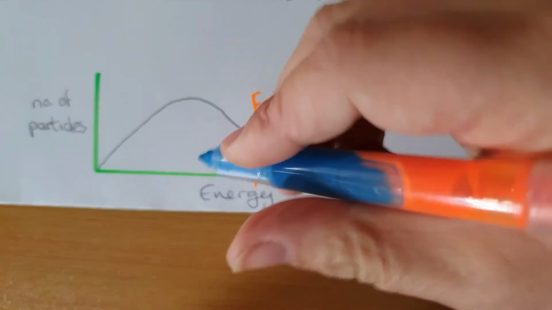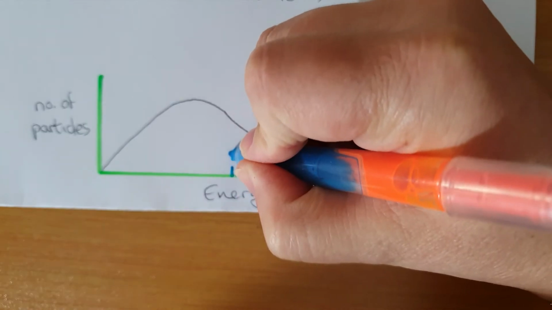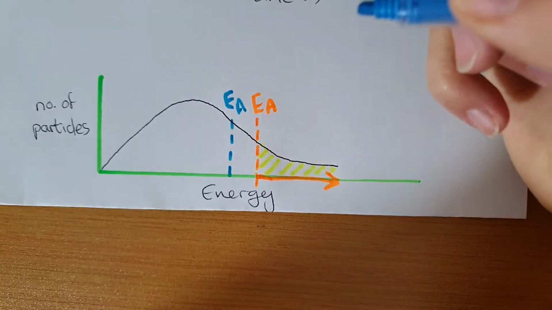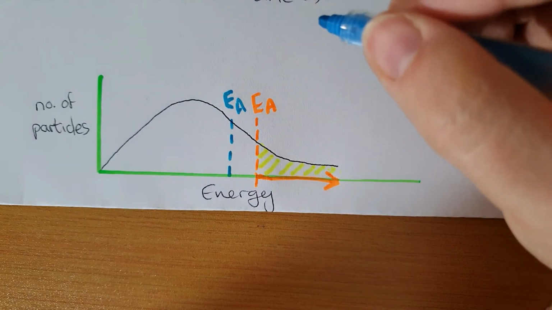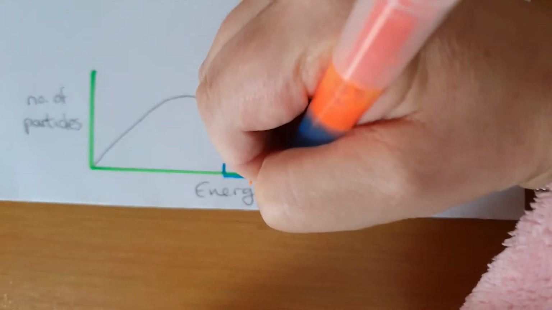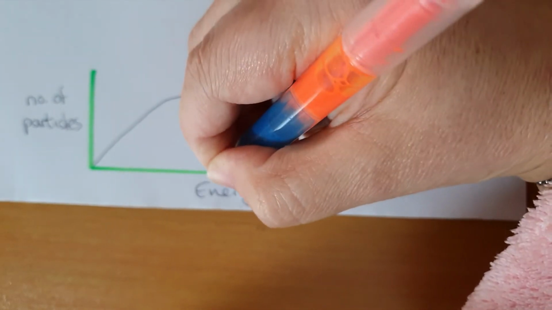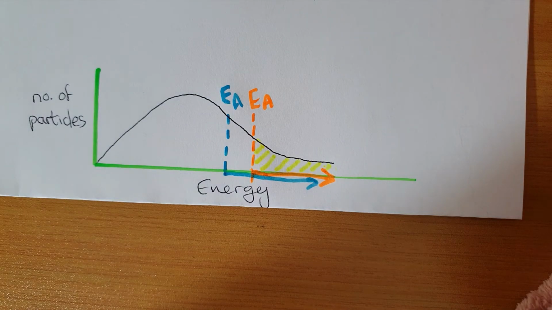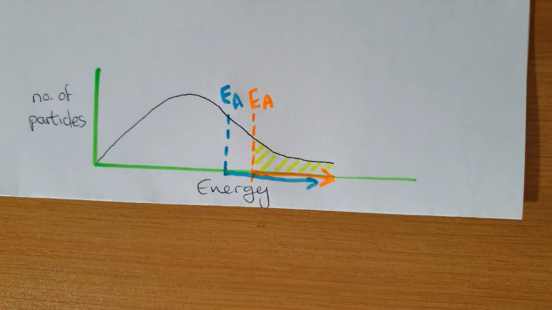Now, what if I lowered the entrance level? Imagine this is like an entry level to university. I'm now lowering. Can you see that if I lower, all of that energy now counts as a sufficient amount of energy.